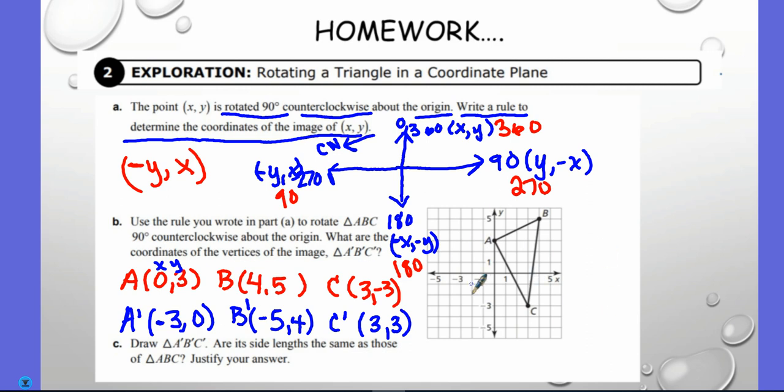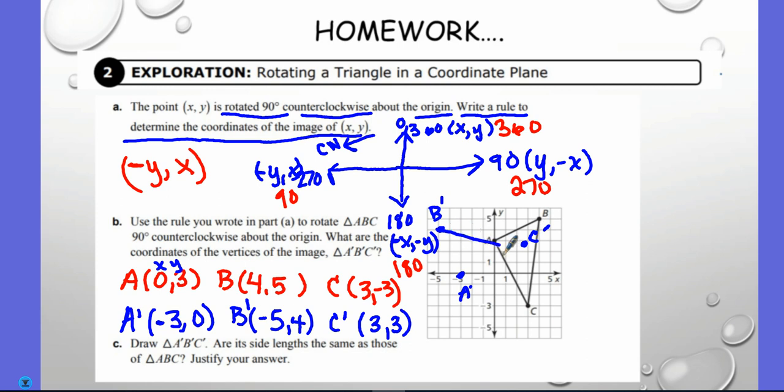So now let me plot these points. Negative 3, 0. Then negative 5 and positive 4, 1, 2, 3, 4. So this is A prime, B prime, and then C prime, which is 3 and positive 3, so 3, then 1, 2, and 3, and that is my C prime.